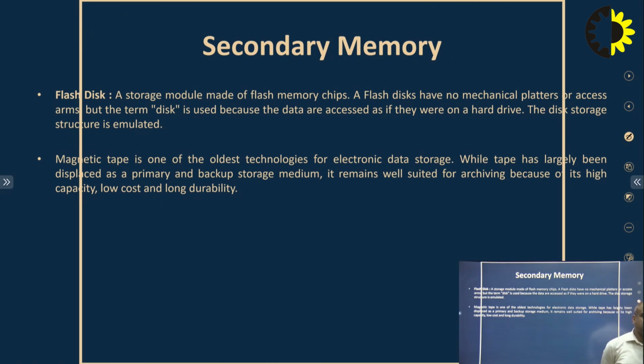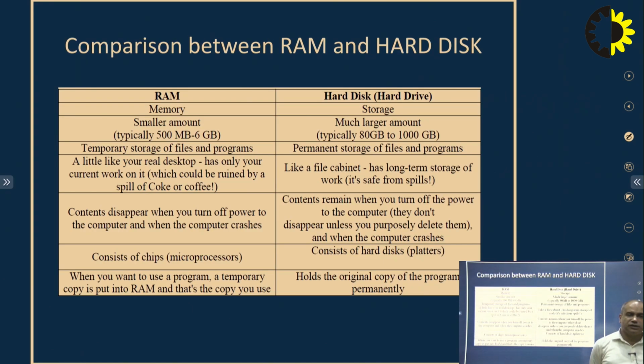Next, magnetic tape is one of the oldest technologies of electronic data storage. While tapes are largely being displaced as a primary and backup storage medium, they remain well suited for archiving because of their high capacity, low cost and durability. So these were our storage devices.